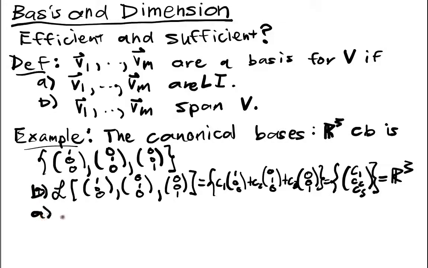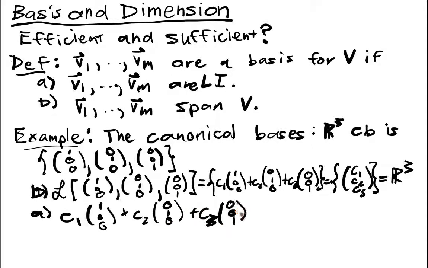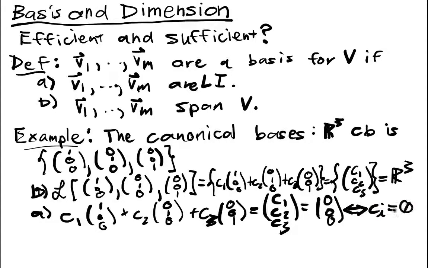And then A, c1 times 1, 0, 0 plus c2 times 0, 1, 0 plus c3 times 0, 0, 1 is equal to c1, c2, c3, and that's going to be equal to the zero vector 0, 0, 0 if and only if the ci's are equal to 0, and therefore we have linear independence.